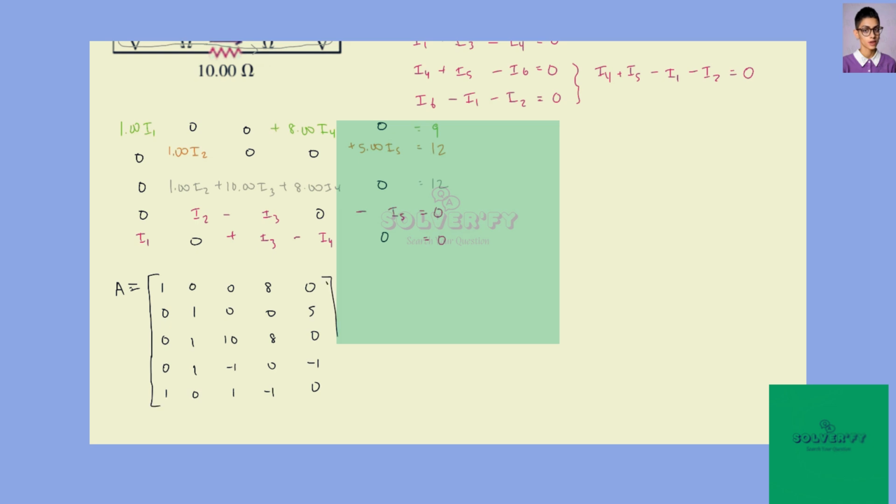And then we will set up matrix B, which is our constants, 9, 12, 12, 0, 0. And then we will calculate A inverse multiplied by B.